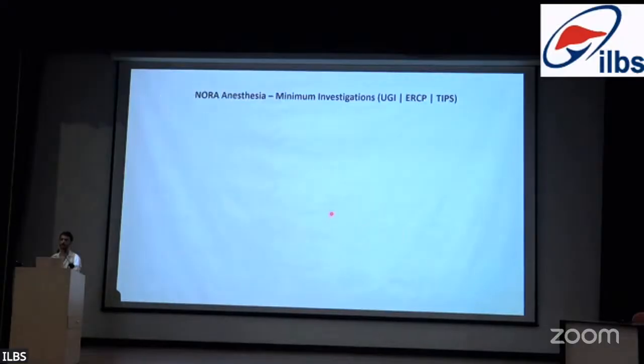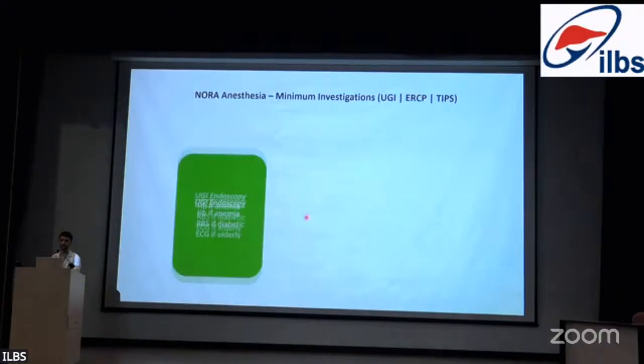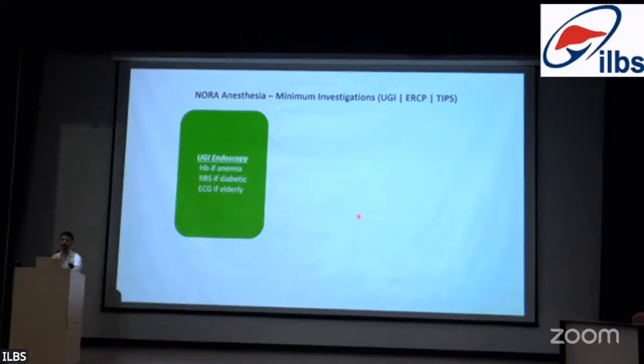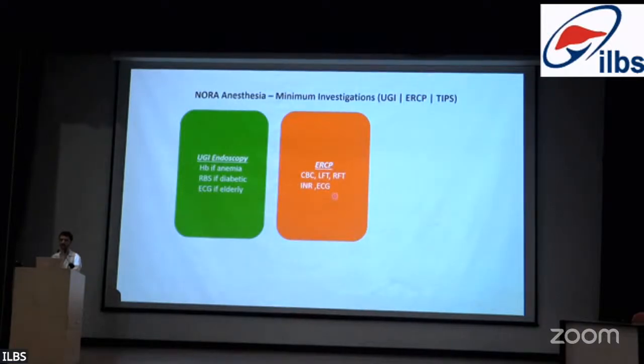Next, moving on to minimum investigations we need for sedating patients in daycare admission. For UGI endoscopy, we usually ask for hemoglobin if the patient is anemic, and in elderly patients, we ask for an RBS and ECG. For patients coming for ERCP, ECG is mandatory apart from routine blood picture.